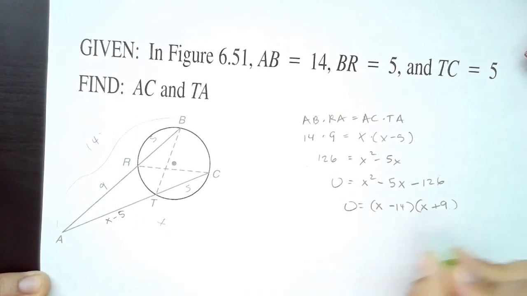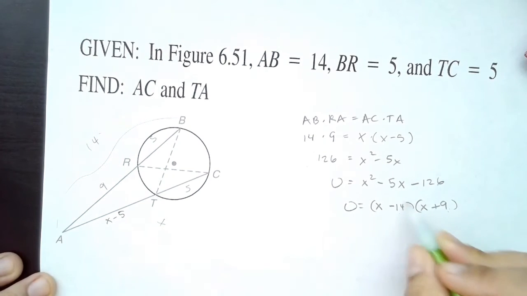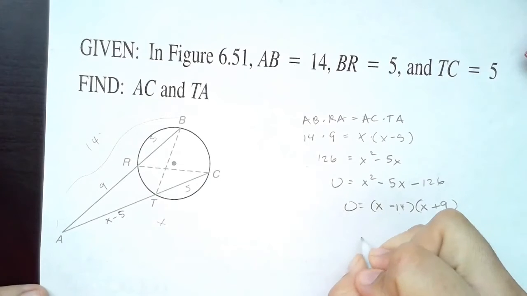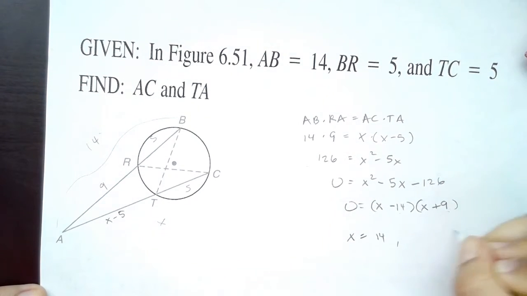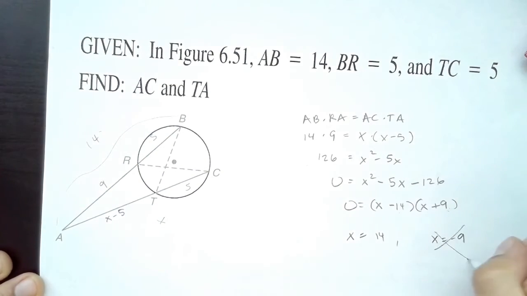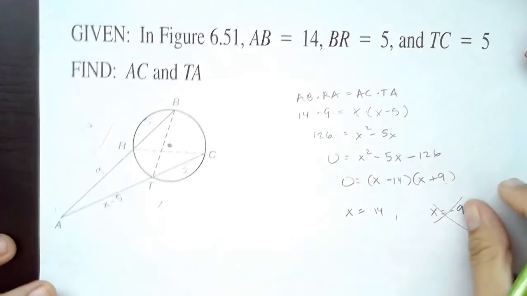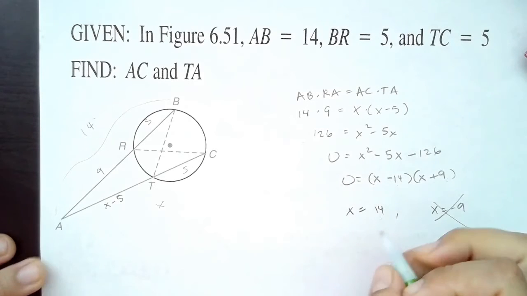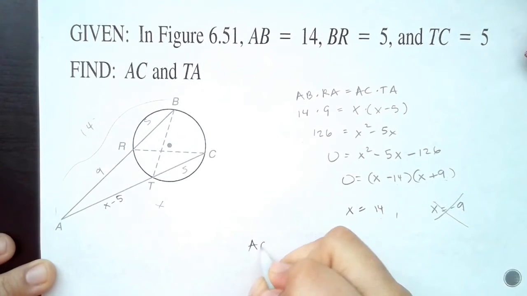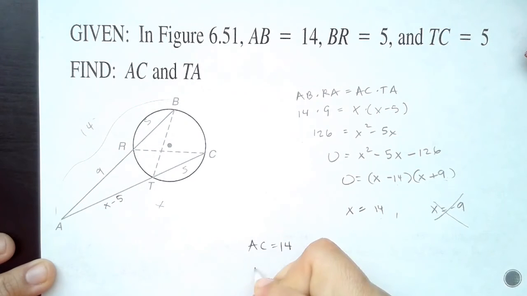So our possible answers are positive 14 and negative 9. But distance is not negative in our world, so we're going to only use 14. So X equals 14, so AC is 14, and that makes TA 9 also. Okay.